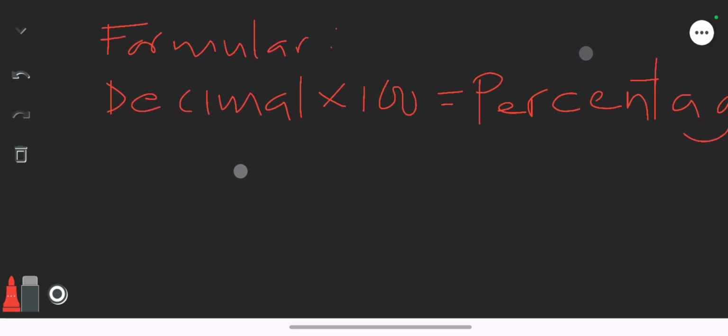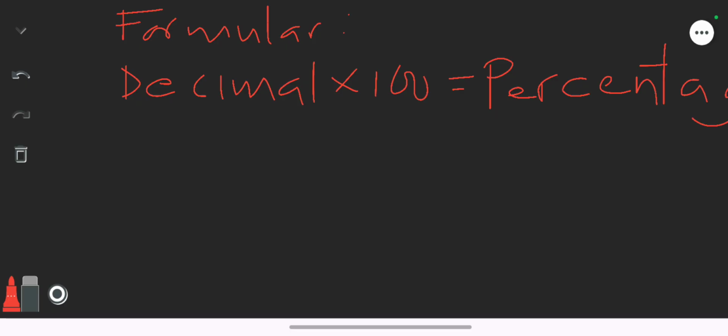Let's look at a few examples here. Let's say we have 0.45 as our decimal. We are going to convert this decimal into a percentage.